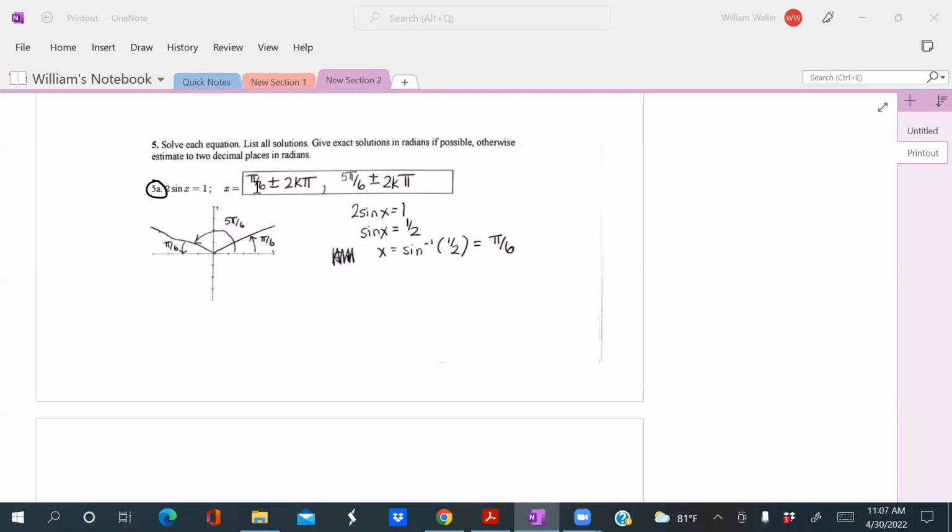So the way I write down a full list of solutions here would be pi over 6, and then add on any multiple of 2 pi. So that would be 2 pi times k, where k can be 1, 2, 3, etc. Actually 0, 1, 2, 3, etc. Or subtract off any multiple of 2 pi from pi over 6.